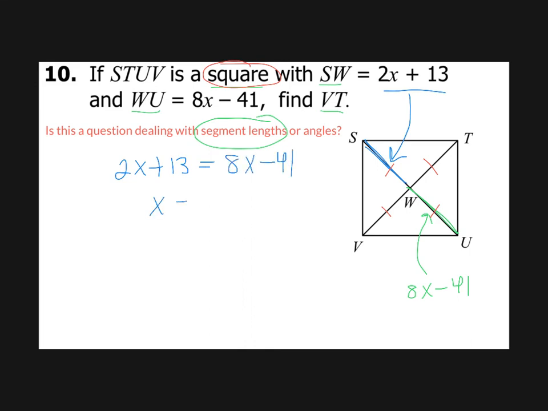Now I'm going to get a value of x, which will allow me to get the length of this piece. And if I substitute that value of x into both of these, I should get the same number. So I do want to substitute it into both and get the value of those two pieces. Once I have that, I have the length of the entire diagonal, which means I have the entire other diagonal here, which is what they want to begin with. Okay, next.